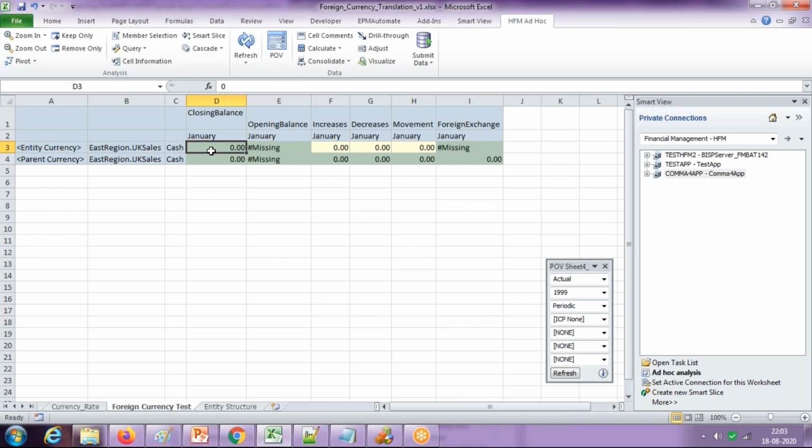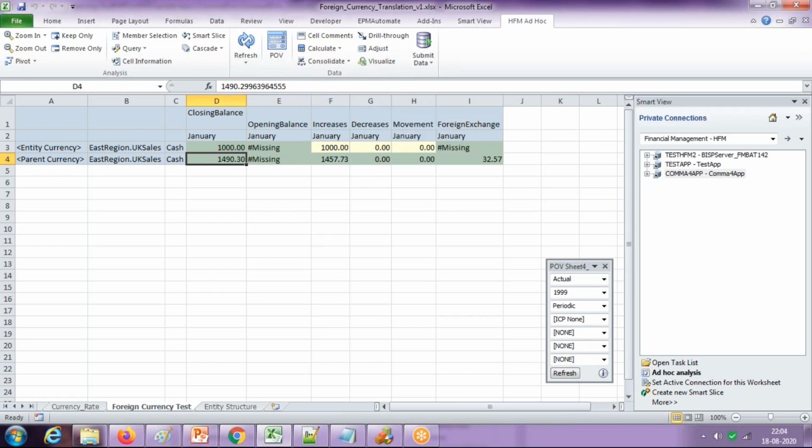It should actually come from the previous year's closing rate, which becomes the opening balance for the current year. However, I'm going to input the closing value from increases. Because this is part of the currency exchange business rule, I can put my mouse cursor over here and invoke the currency exchange or translate business logic.